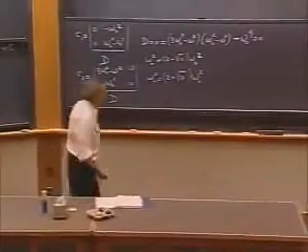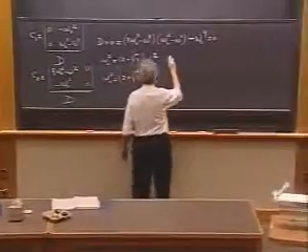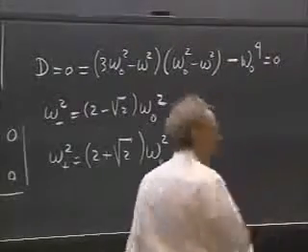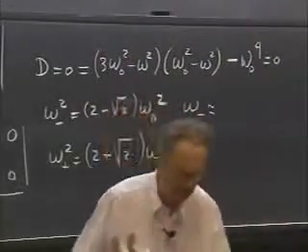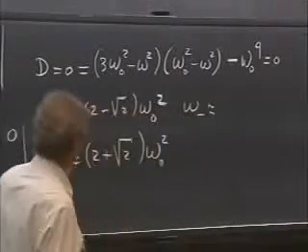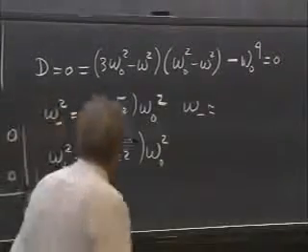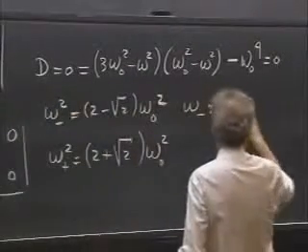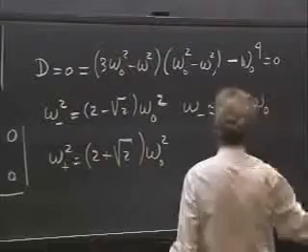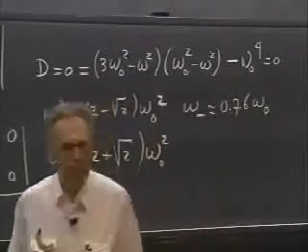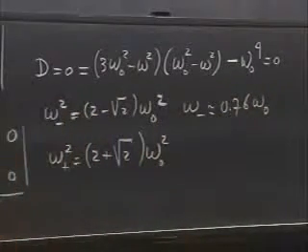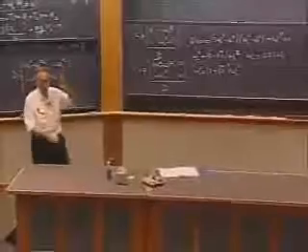So we now have a solution that omega minus is approximately, if I calculate 2 minus square root of 2, about 0.76 omega 0. Not intuitive at all, so it's lower than the resonance frequency of a single pendulum.